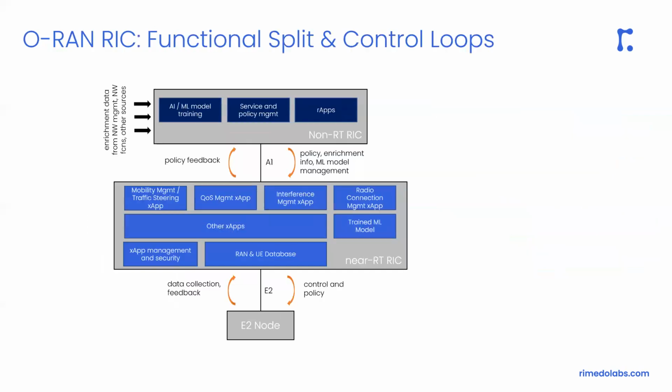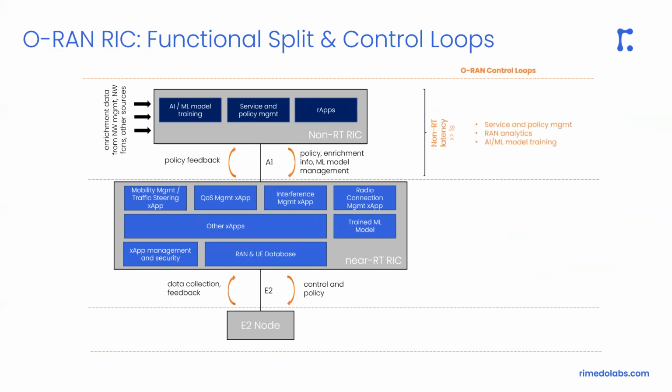Speaking about the control loops and those different functionalities, we have here 3 control loops. The non-real-time loop, with latency much higher than 1 second, so minutes and hours, used for service and policy management, RAN analytics, is within the A1 interface.